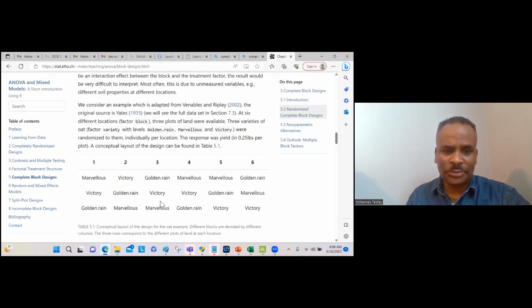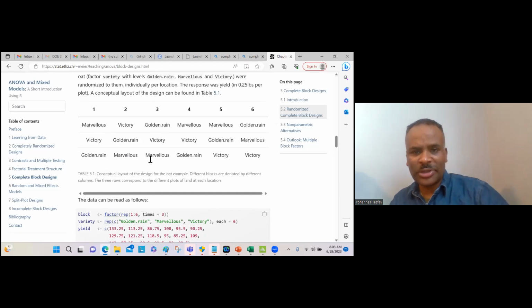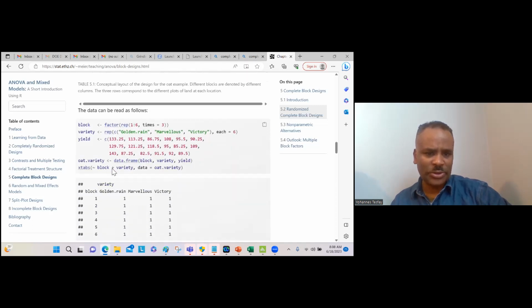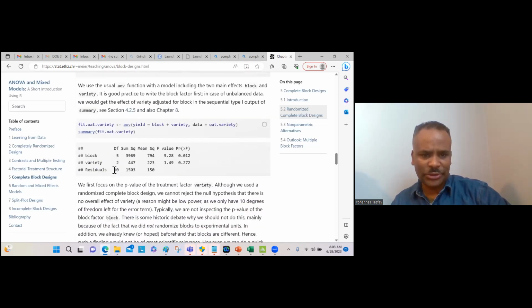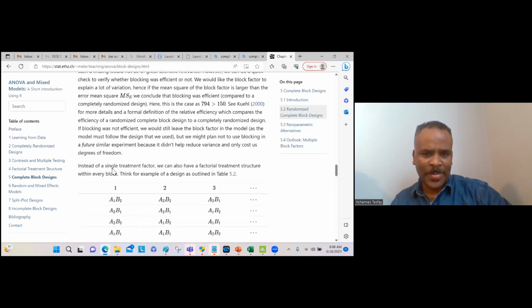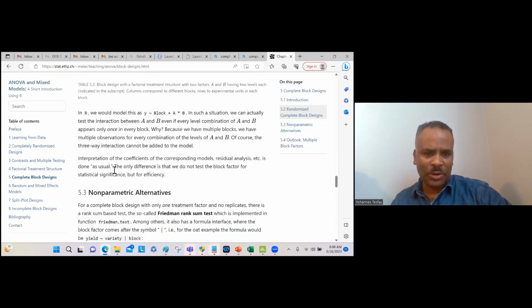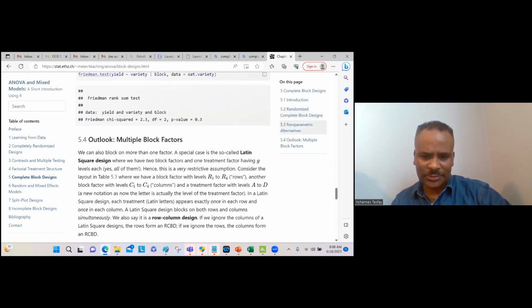So here, for example, as you see, block one and these others, I don't know what these are. Anyways, you can consider this one as blocks, and this one as your level, so that you analyze whatever you want to analyze. So what is blocking?